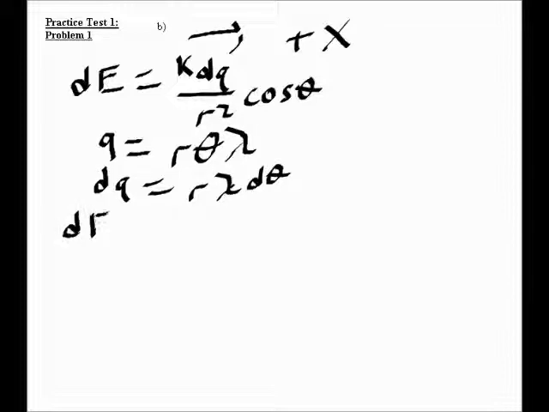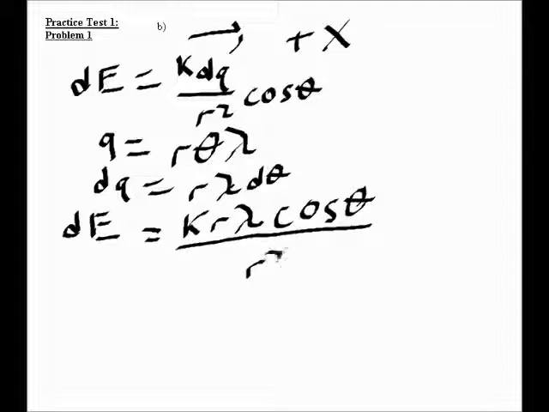So dE equals k r lambda cosine theta over r squared d theta.